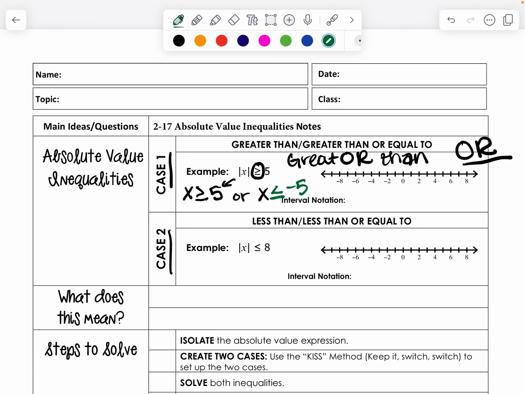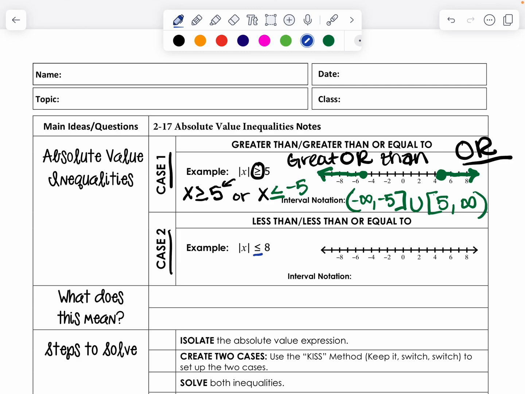Then when I go to graph it, greater than or equal to 5, we go to the right, less than or equal to -5, go to the left, so negative infinity to -5, and 5 to infinity.